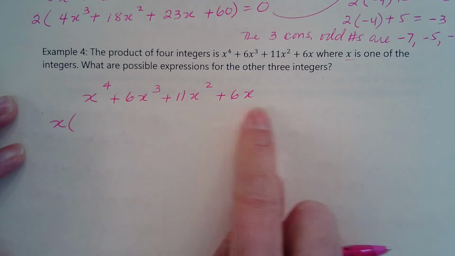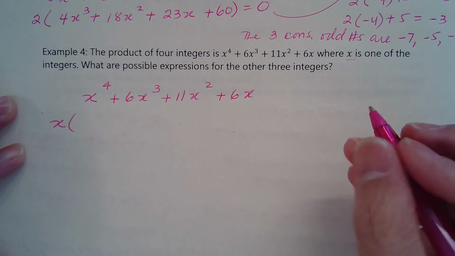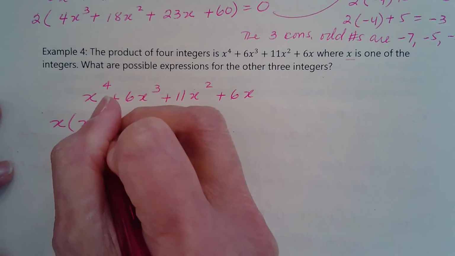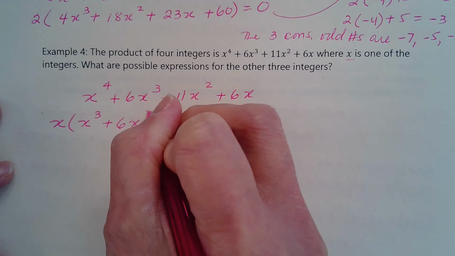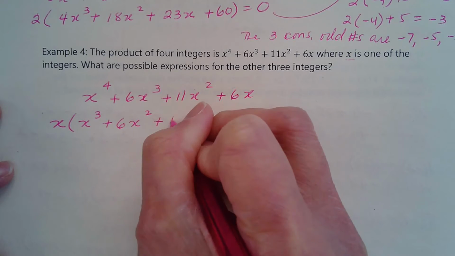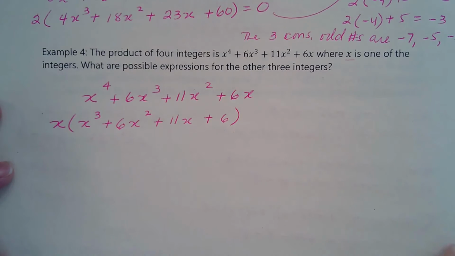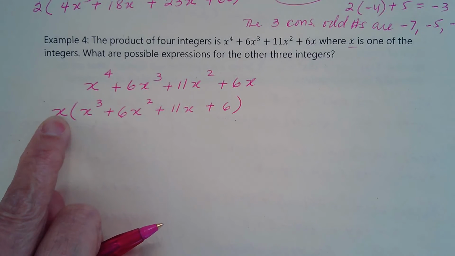You can see there's a common factor of x. So if we factor out the x, what would it be? x cubed plus 6x squared plus 11x plus 6.